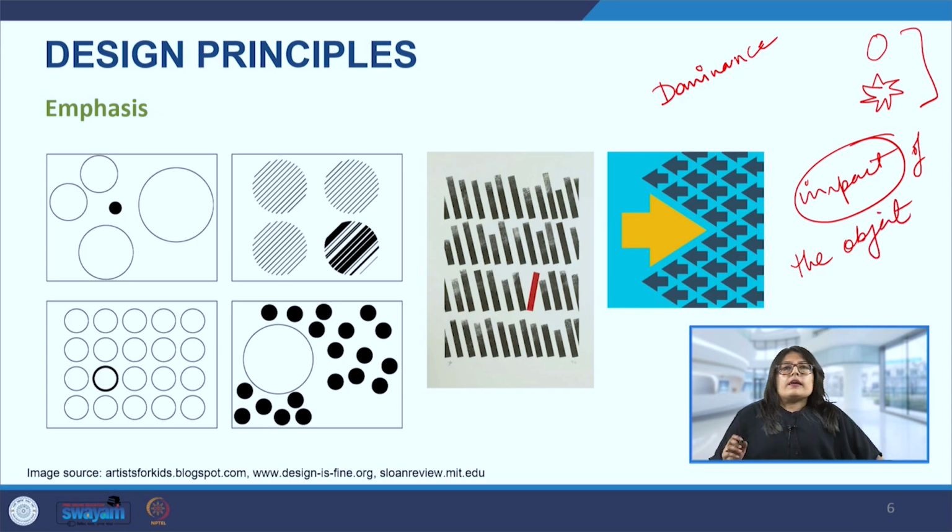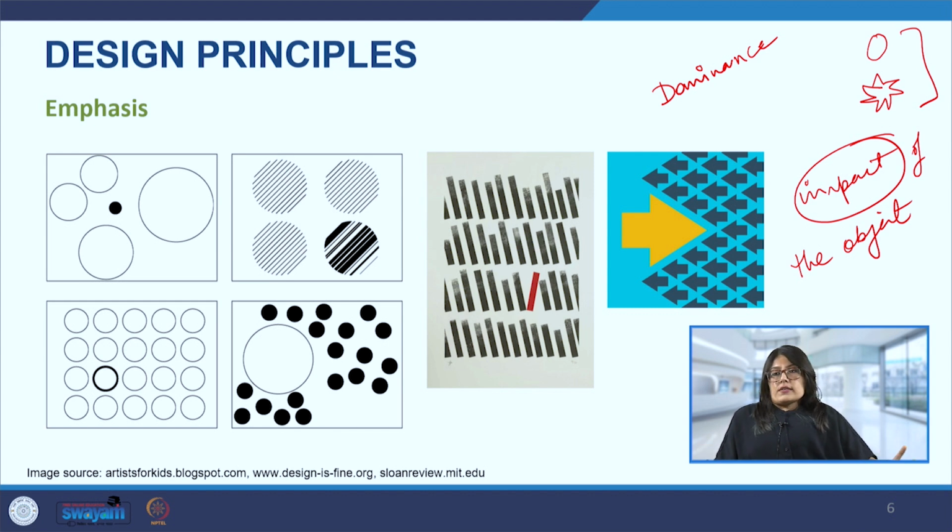So in these diagrams here we can see that in the first on the left, in the picture plane there are 4 circles of different sizes and there is a small black circle. Even though the bigger circles are taking more space, occupying a lot of space there, the emphasis is on the black dot.